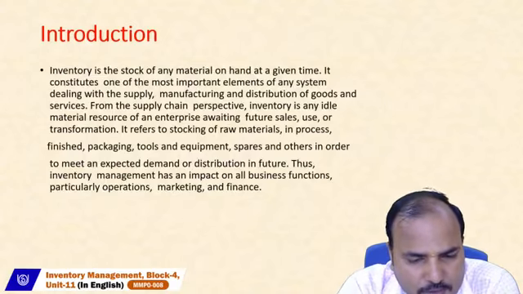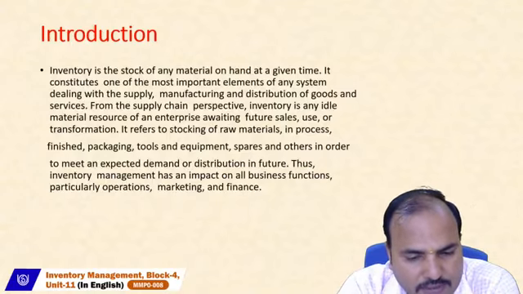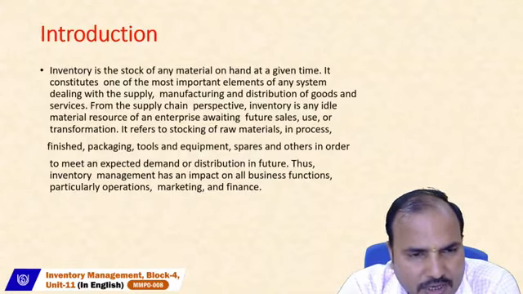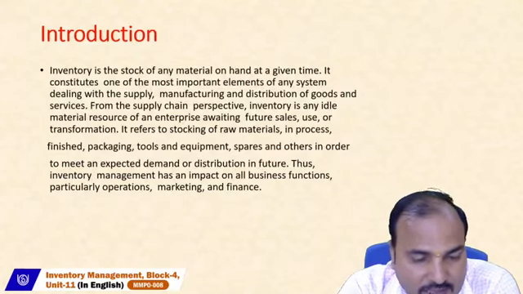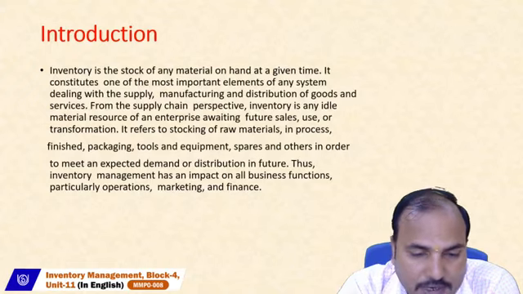So please remember the key components of inventory management: one is stock tracking, second is ordering, third is warehousing, then forecasting, then inventory valuation, then risk management. These are the basic key components of inventory management.